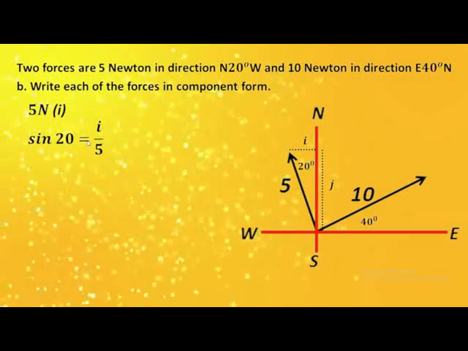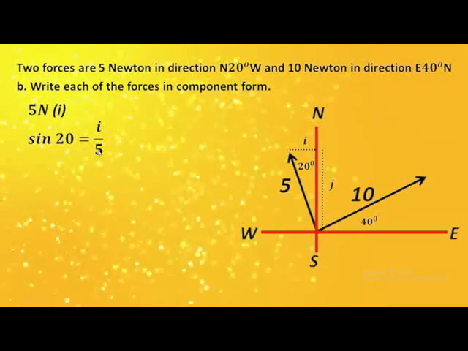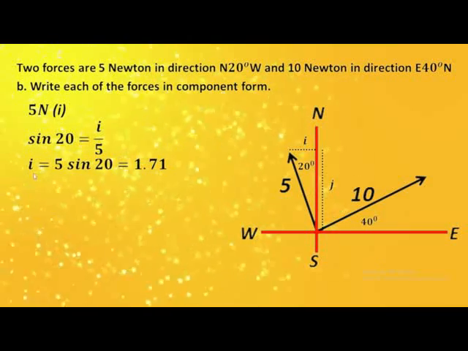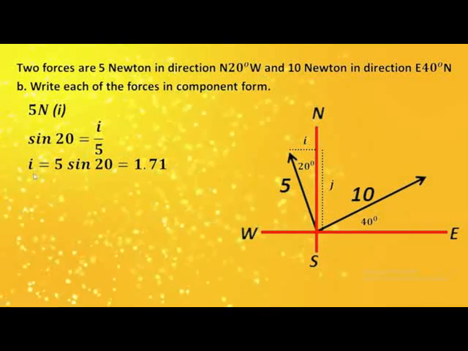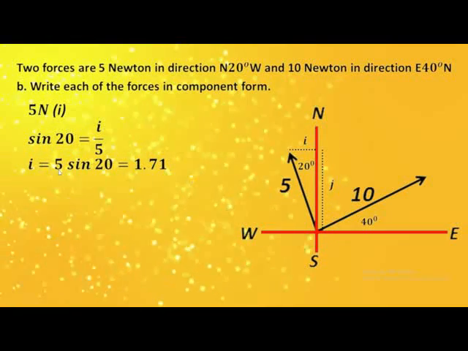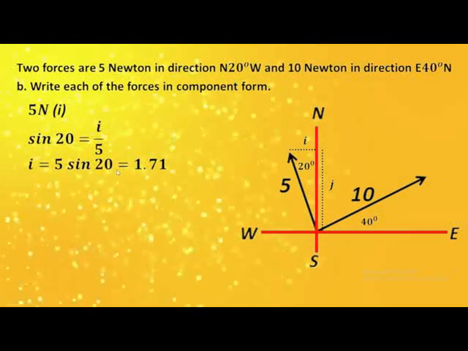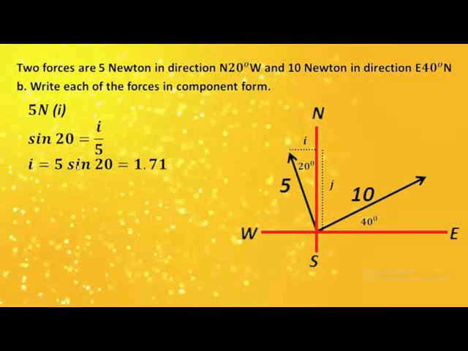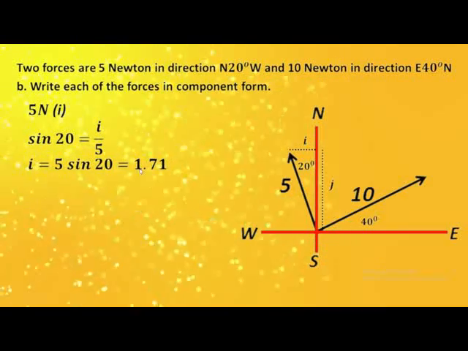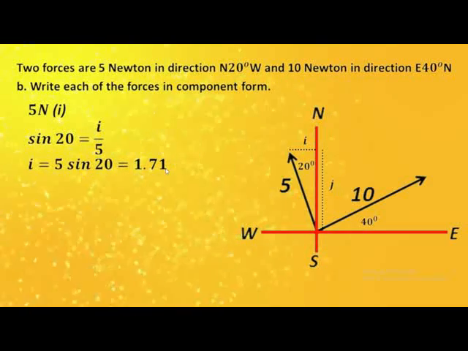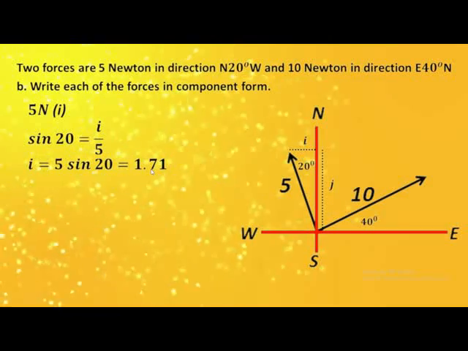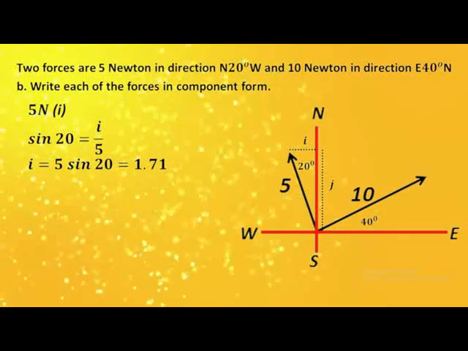Sine 20 equals i per 5. So i equals 5 sine 20. You can use your calculator to find the value of sine 20 and multiply by 5, and you will find 1.71. That's the i component of the 5 Newton force.